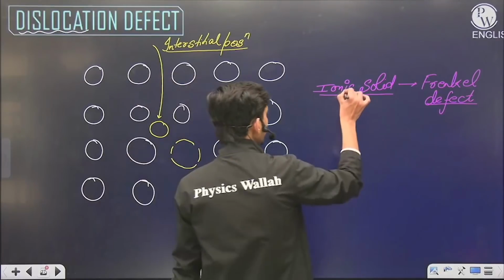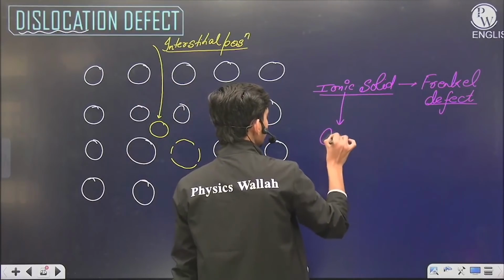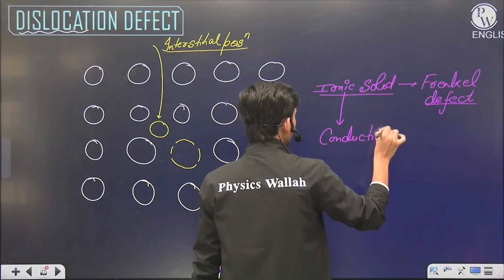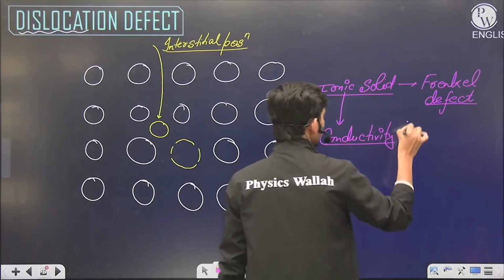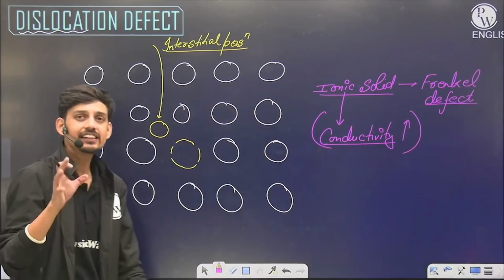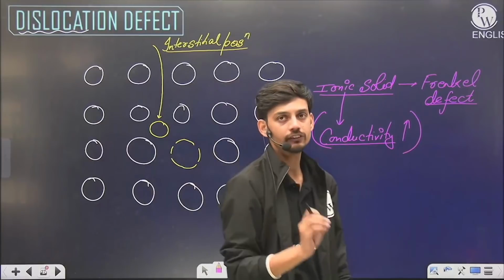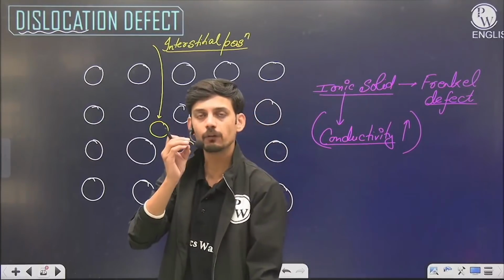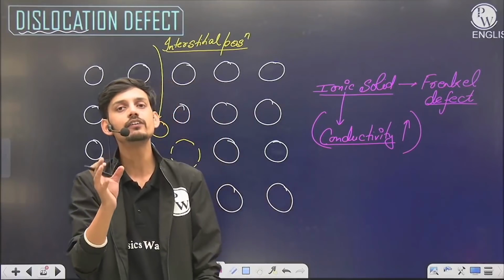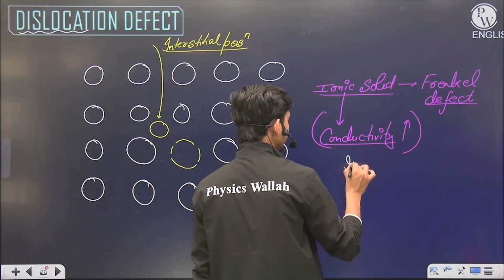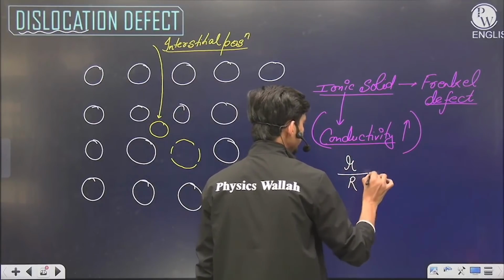In the case of an ionic solid, this defect changes the conductivity of the solid. As the ion is now free to move, due to Frenkel defect the conductivity of the solid increases. This defect is mainly found in those ionic solids where the smaller voids are filled, because only if the atom is very small can it move into interstitial space. So this defect is found in those ionic solids where the radius ratio is small.